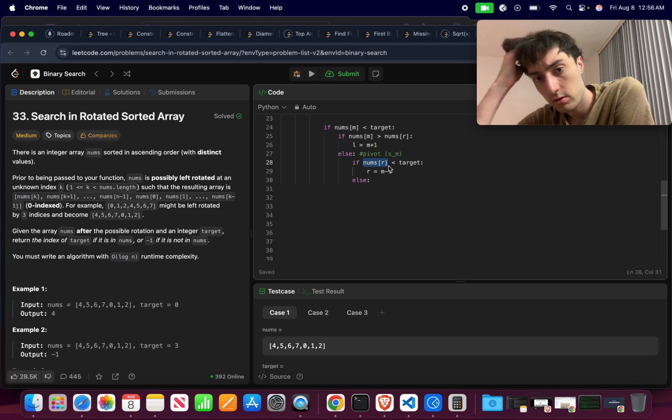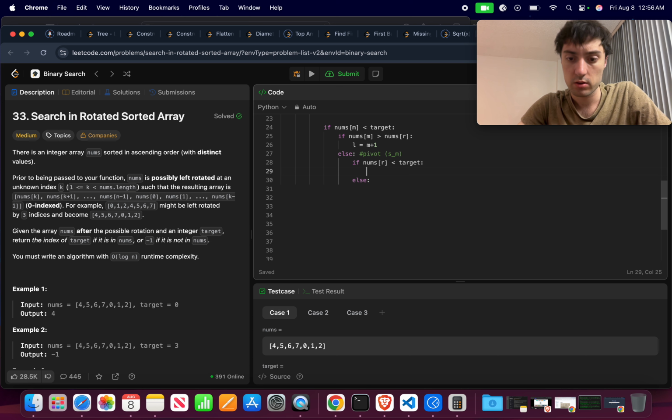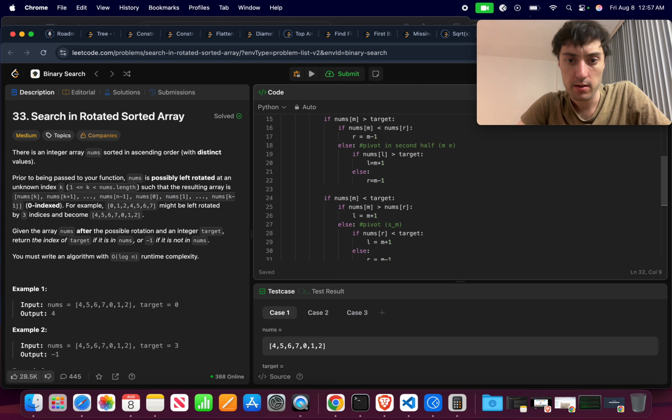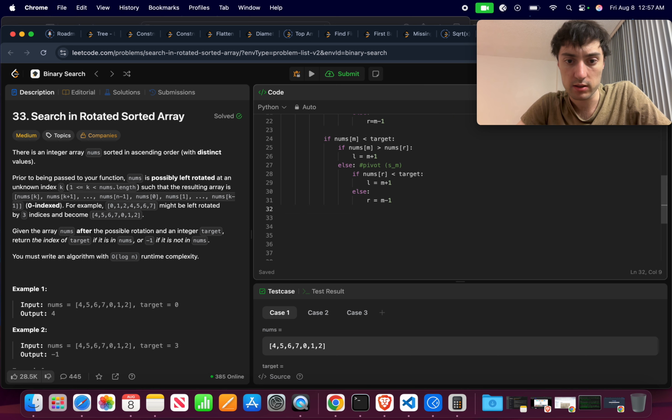Yeah. So then I want to throw away the left: left is equal to mid plus 1. Otherwise, right is equal to mid minus 1, maybe. And then if this exits, we return negative 1 because we didn't find it.